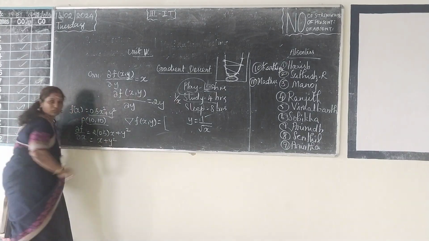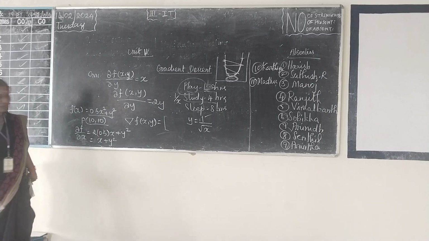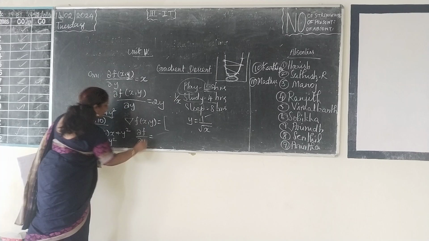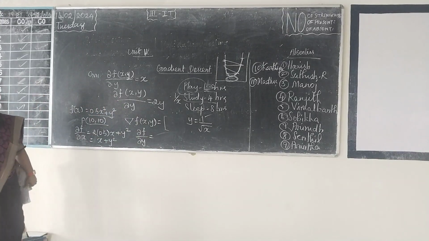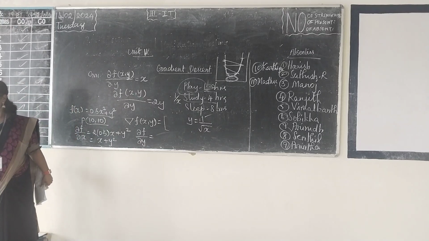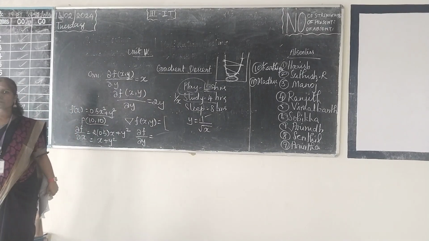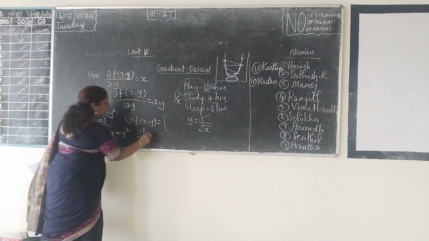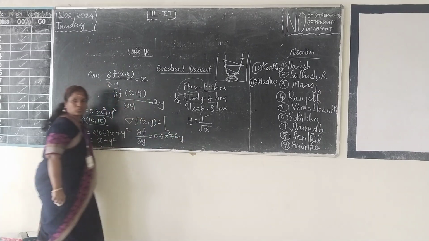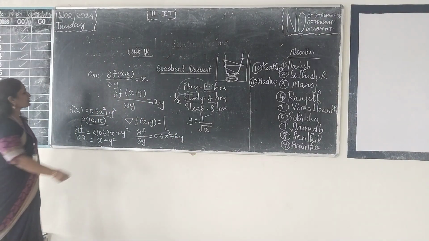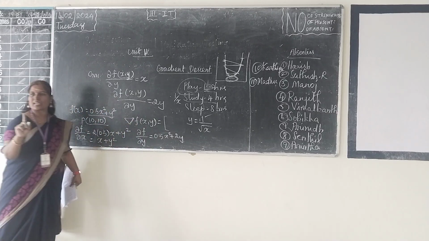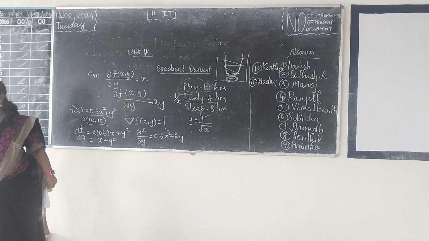Correct? Now suppose we are doing dou f by dou y. Are you doing it properly? With 0.5 x square plus y square, it will be 2y. Correct? Yes. So for the gradient function, we are not taking any value here yet. We are going to apply a value on it.